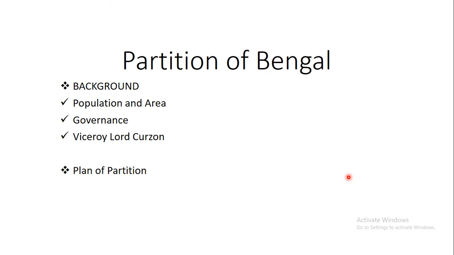Remember students, Lord Curzon was in favor of making small administrative units, as it was in 1901 that he separated the Northwest Frontier Province, the province of Khyber Pakhtunkhwa, from the province of Punjab.